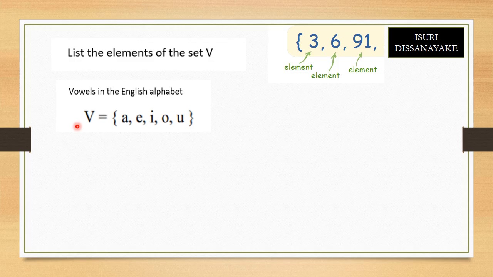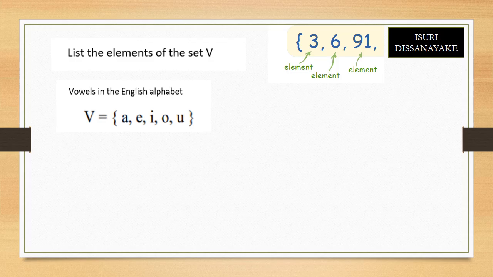This is how you list the elements of this set V. V is equal to open curly brackets A, E, I, O, U. So they are the vowels of the English alphabet, and you close the curly brackets. So each letter A, E, I, O, U is called an element of this set V.